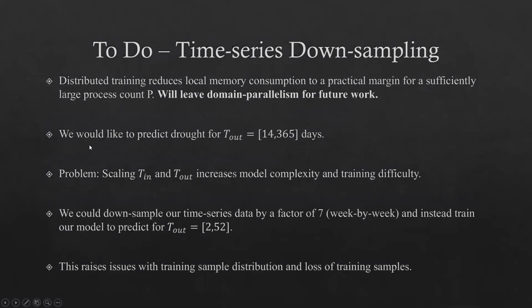Okay, so now that we have this model, we would really like to predict whether or not there'll be drought or whether or not there will be flood, some extreme event for a number of output time steps T out. Having talked with the other group of researchers who originally gave me this data, they let me know that to consider something a drought or a flood, we would look for above or below average water availability for at least 14 days or longer.